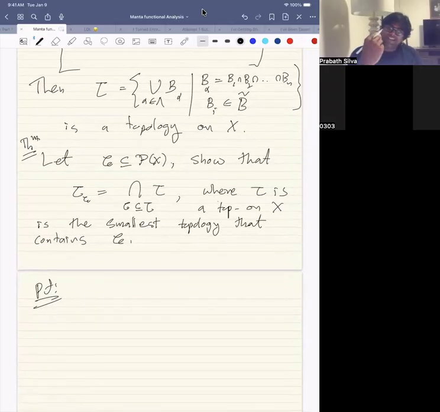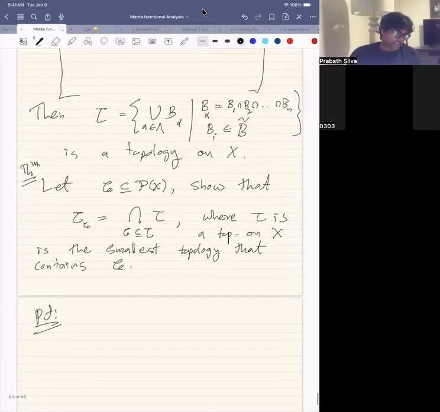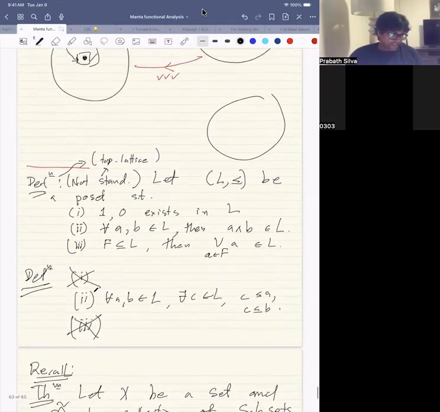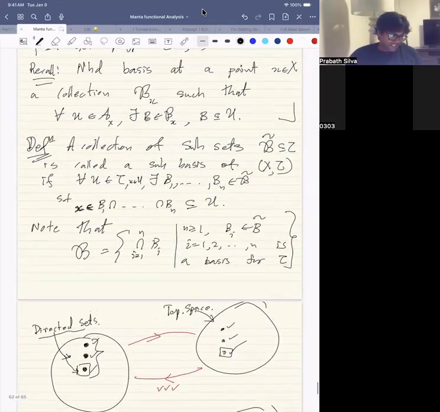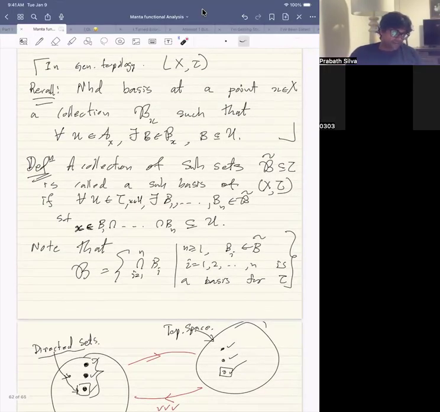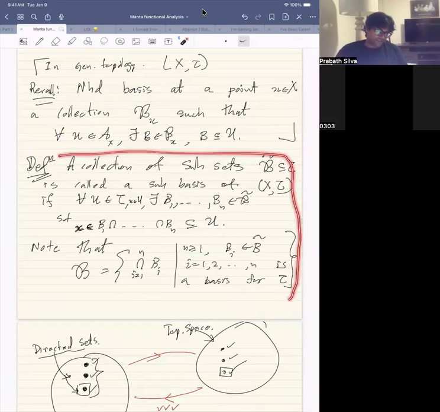But this doesn't tell you what a typical element of tau C looks like. And the one that we like is the one that is like this. So this one is constructive.